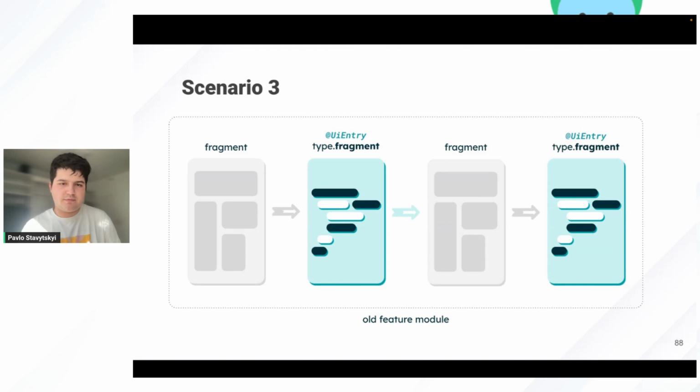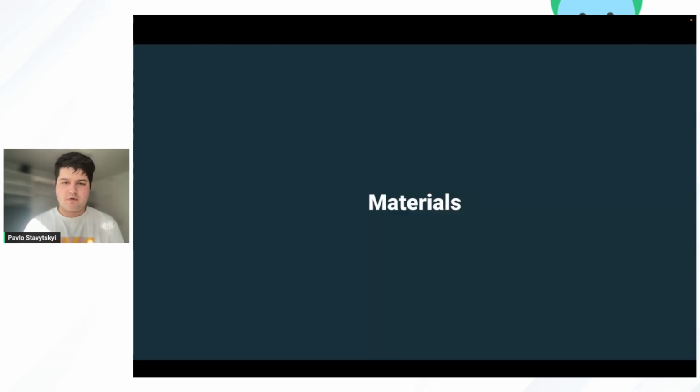In this case, for each of those screens, use implementation type fragment, and for other fragments, those compose screens will look like fragments, as we just discussed. If you just need to add a single screen, just use implementation type fragment, and it should be good. All right, so this is basically the main idea.